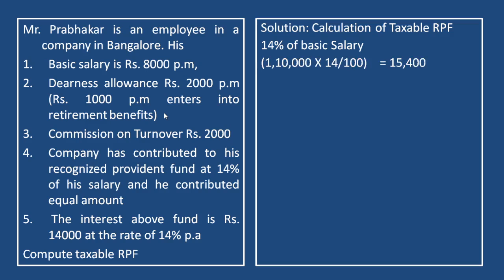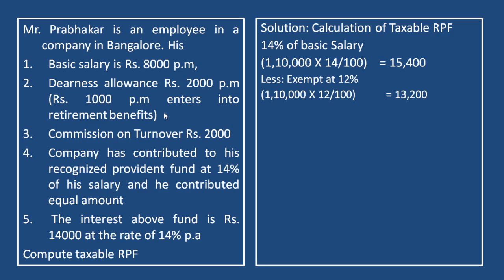So the total is 1,10,000. 1,10,000 into 14% equals 15,400, less exempt up to 12%. For 1,10,000 at the rate of 12% equals 13,200.